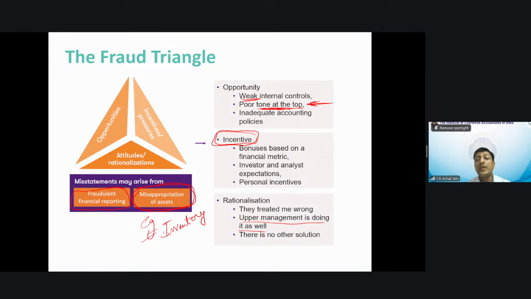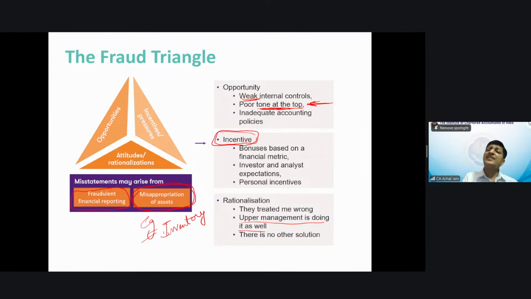Similarly, maybe the company wants to understate the profits. Why? Because, let's suppose, taxation is the consideration. In such a case, what do they do? Similarly, they can understate the revenue.